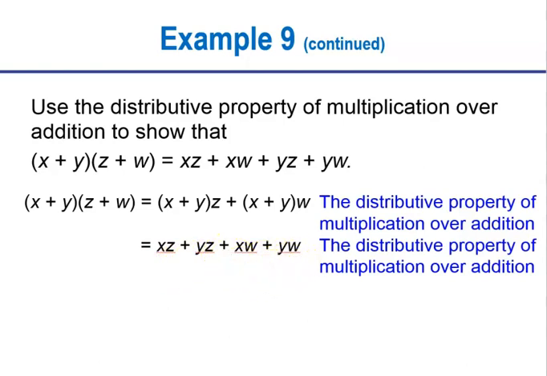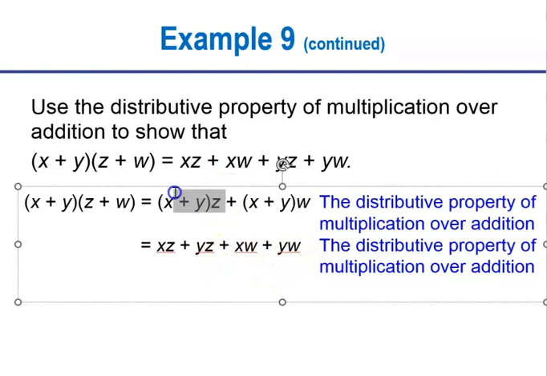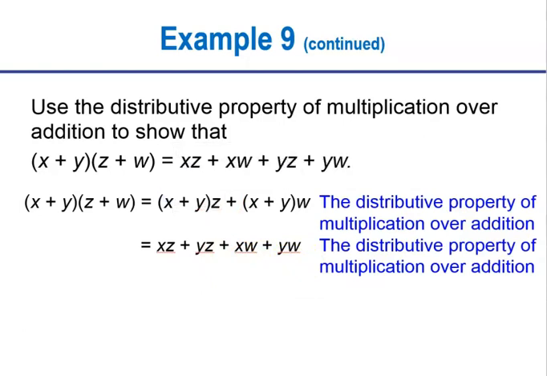So again, just to remind you, we multiplied z times x, z times y, and then x times w, and y times w. Now, is that our answer? Well, not exactly, right? Because these are in a different order. Can I just rearrange that order?